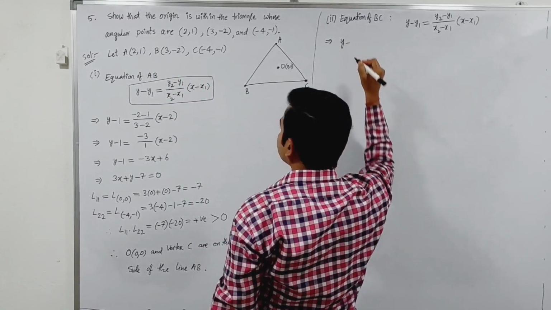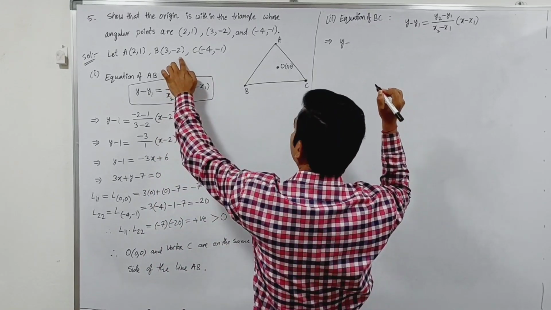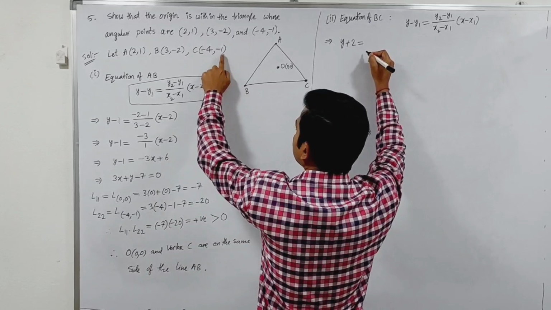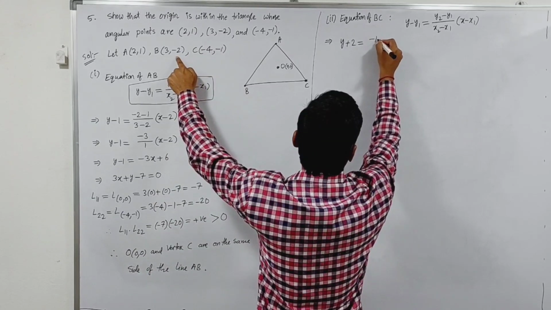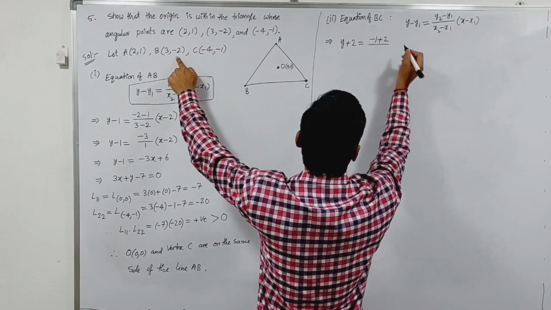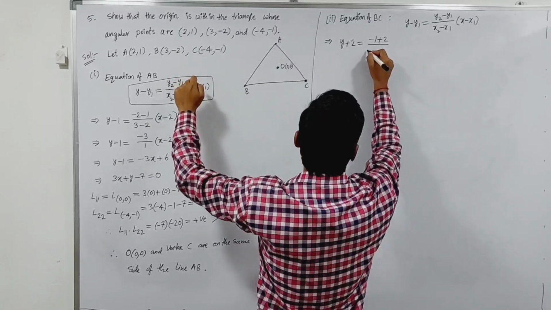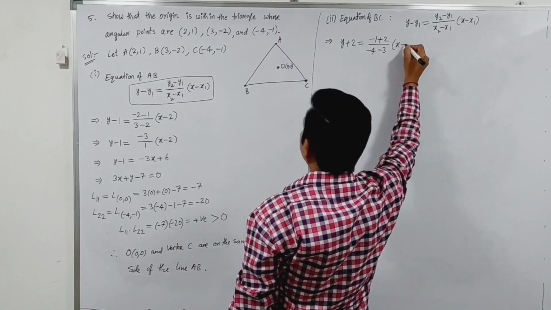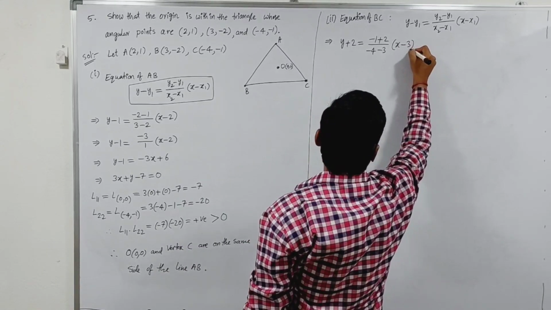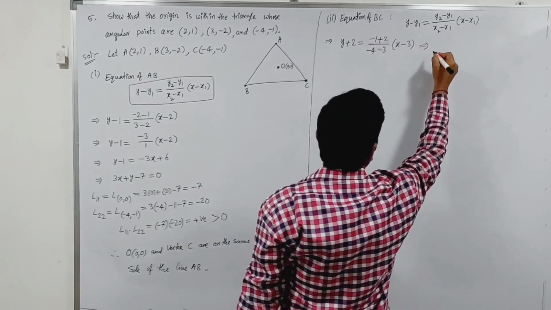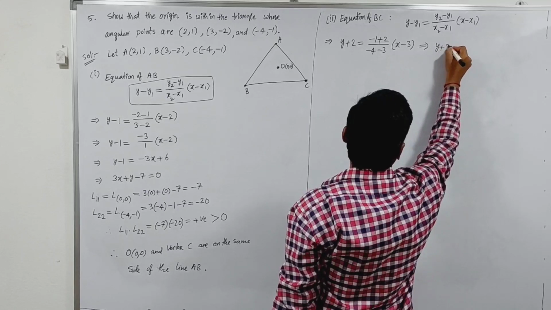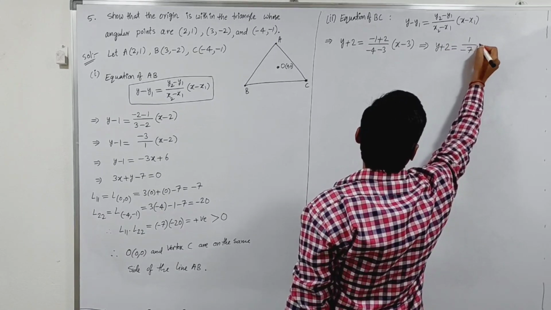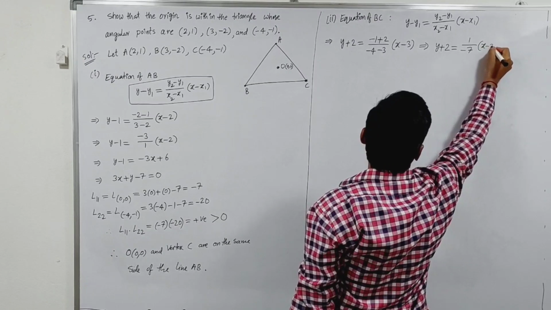y minus y1. What is the y1 here? Minus 2. So minus of minus means plus 2 is equal to y2 minus y1, that is minus 1 minus of minus 2, by x2 minus x1, minus 4 minus 3, into x minus x1, that is 3. Now simplify this equation. y plus 2 is equal to 1 by minus 7 of x minus 3.